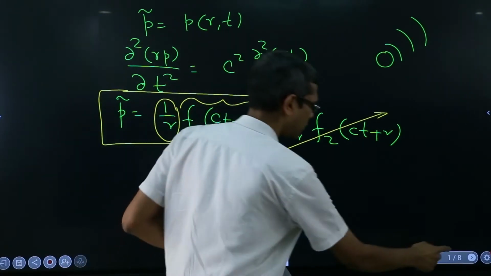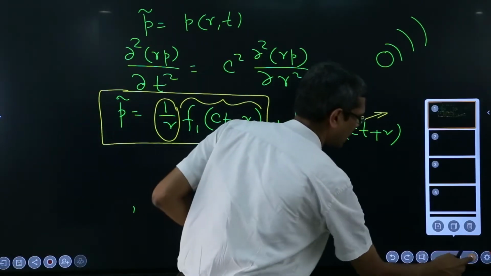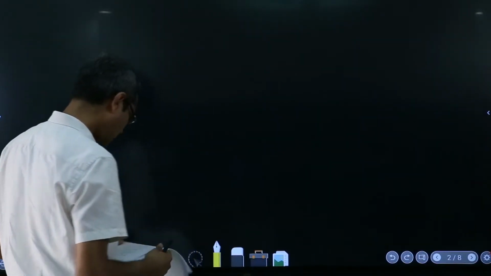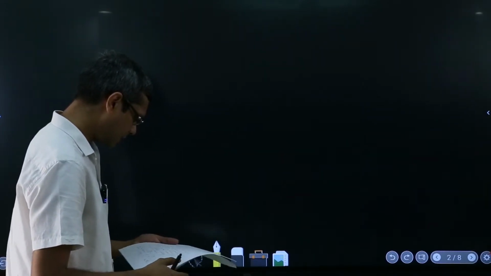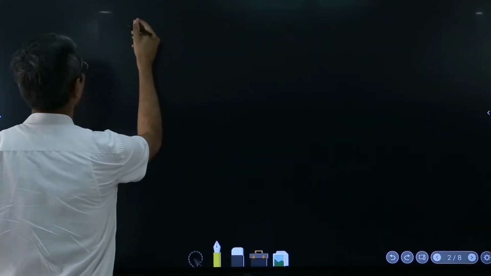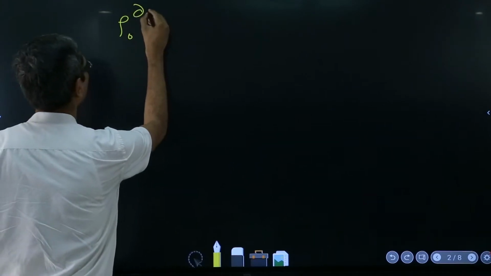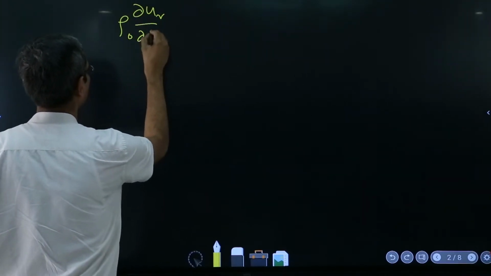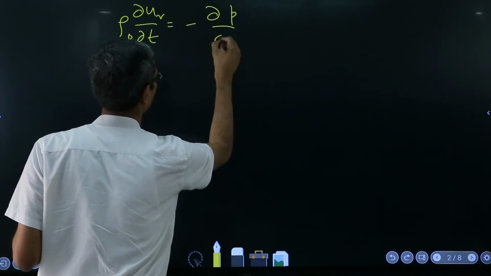So then what we can do is, see, we had rho naught del u r over del t is the gradient of this.